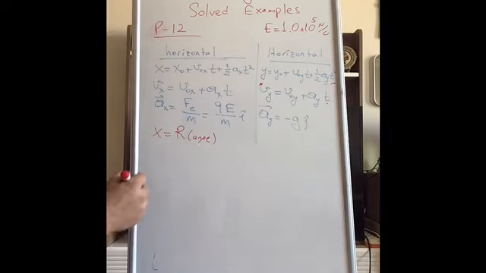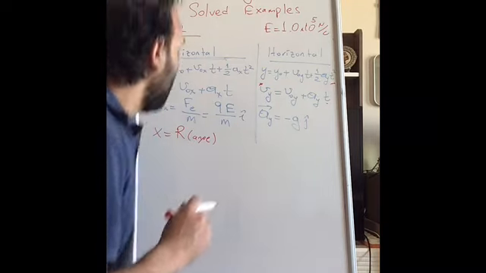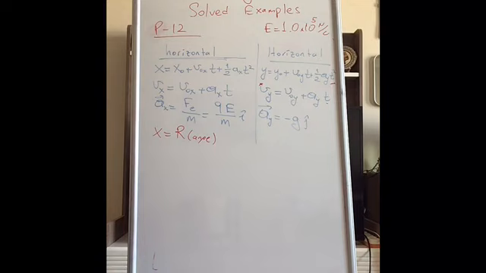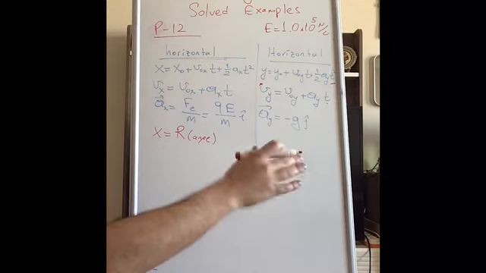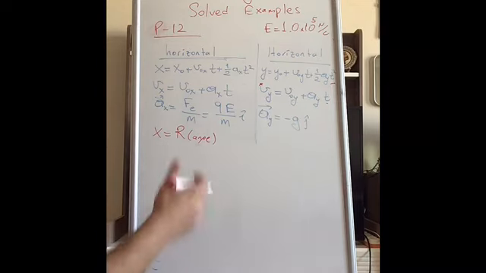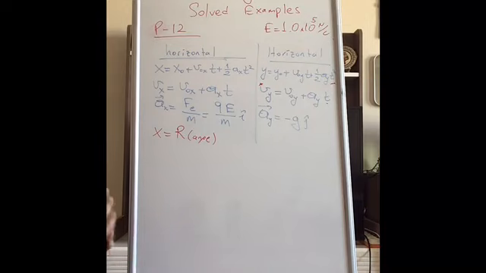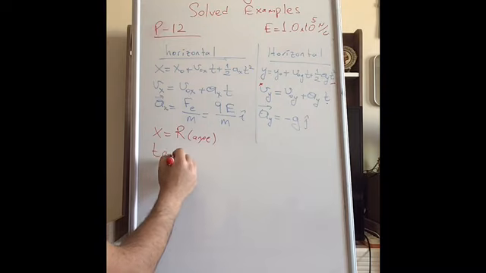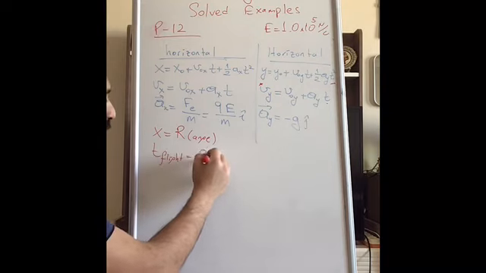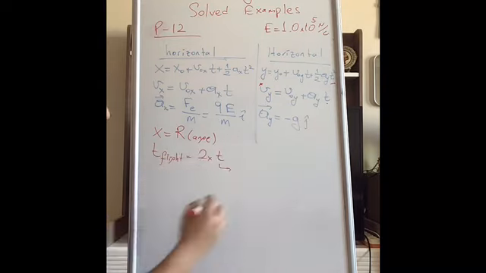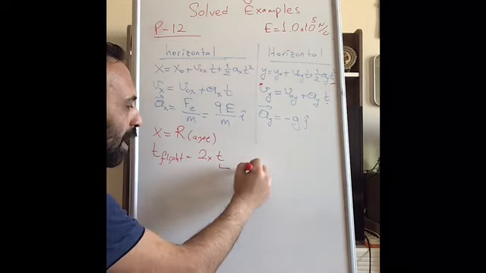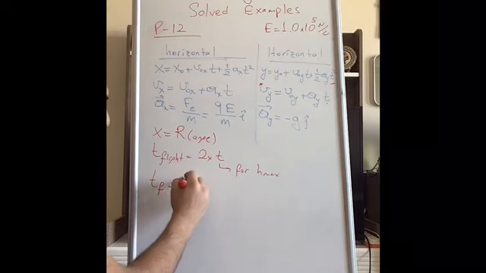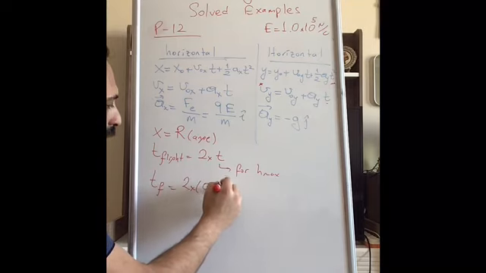The time for the range, when the object is at the furthest point horizontally, is when the motion ends. So we need to use t flight, which is going to be equal to 2 times t, that is what we found for h max. So t flight will be equal to 2 times 0.98 seconds.